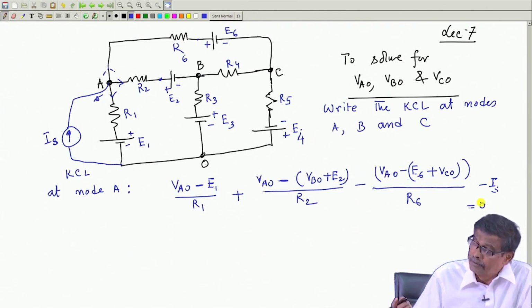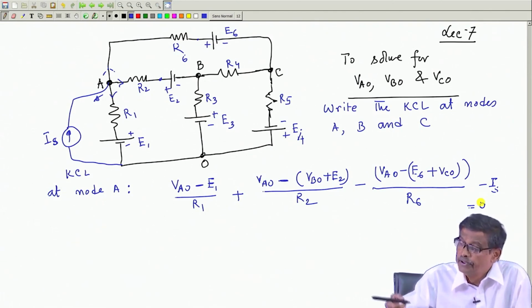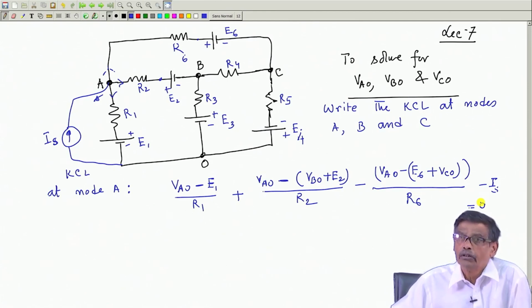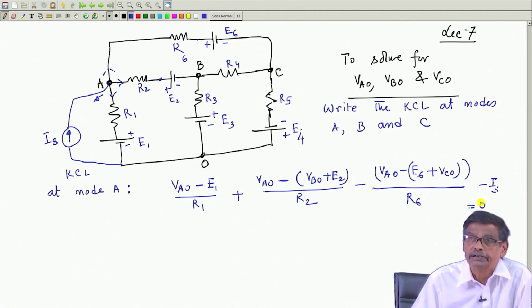So, what is my job? My job is to generate 3 equations involving VAO, VBO, VCO and solve them to get VAO, VBO, VCO. This is one of those 3 equations.